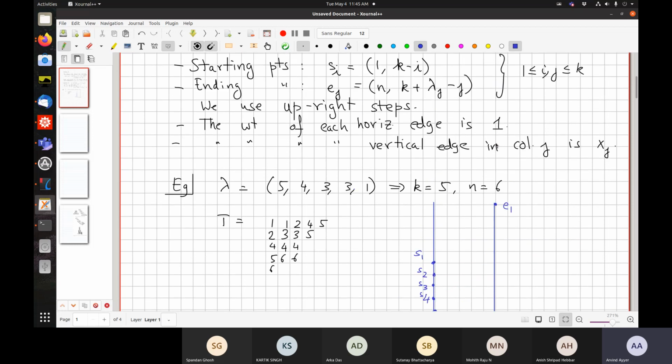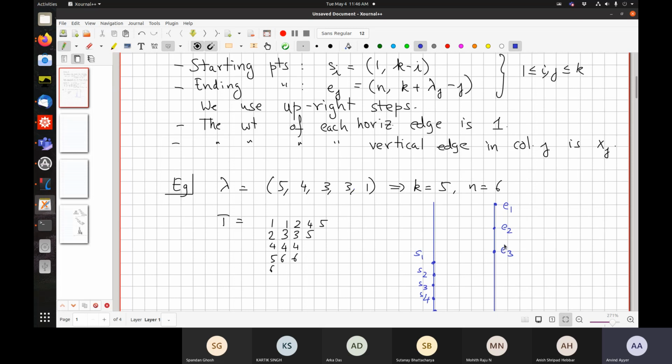Then E2 is 5 plus 4, which is 9 minus 2, 7. So this is E2, and then E3 is 5 plus 3, 8 minus 3, so that's 5.